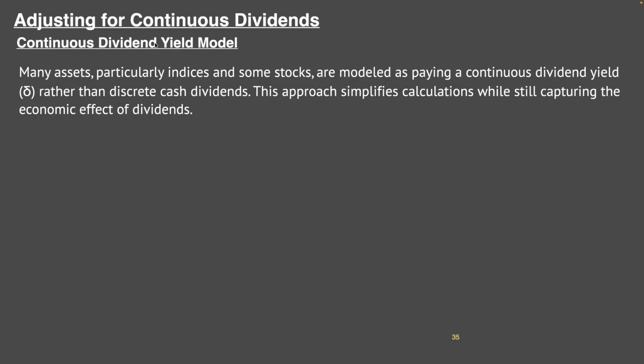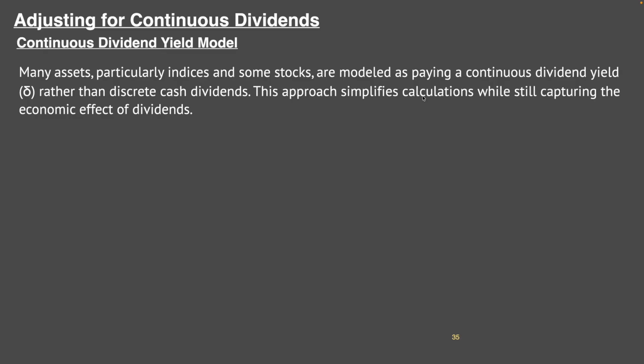Now let us start with the continuous dividend yield model. As soon as you say yield, the dividend will be expressed in percentage. So continuous dividend yield means the dividend is being expressed in terms of percentage rather than in terms of actual amount, like 10 rupees or 15 rupees dividend. They are going to express it as 10% dividend, 5% dividend.